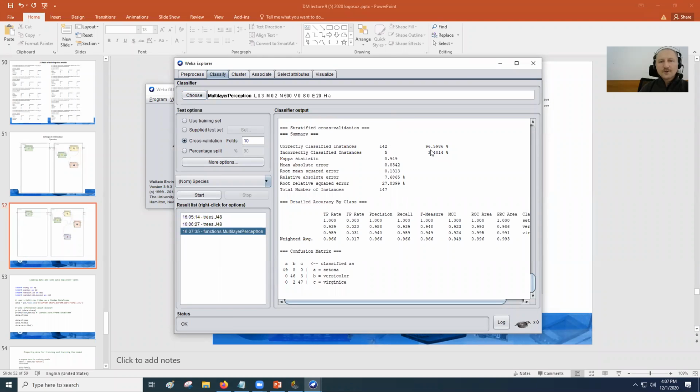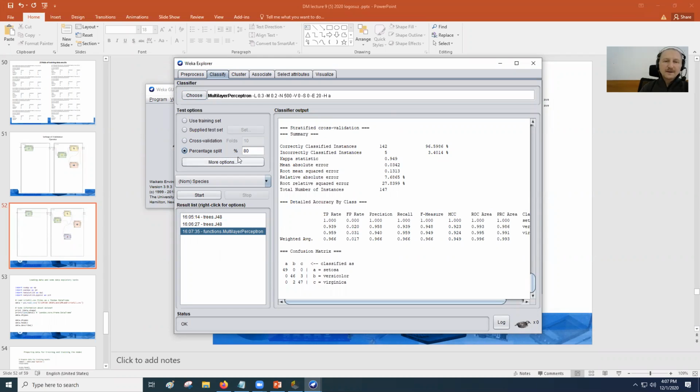According to the 10-fold cross-validation, the accuracy of our model is 96.5, better than this one.